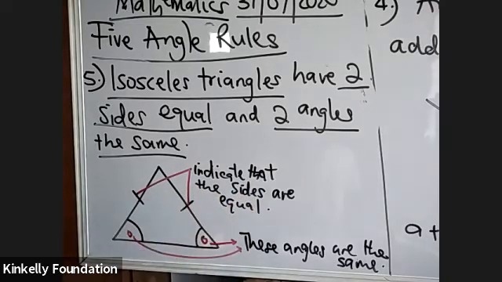But one thing you need to note is that once you see these dashes here, you know that the angles they lead to are equal. This is the last angle rule which you need to take note of.